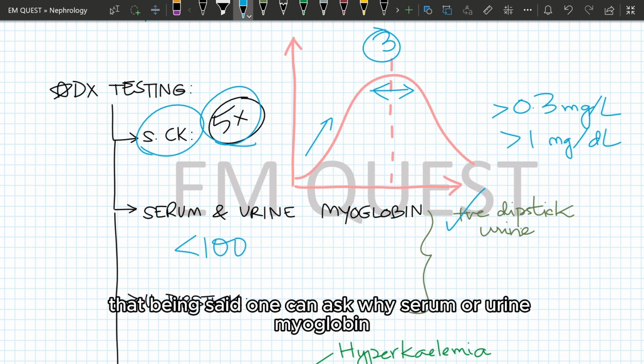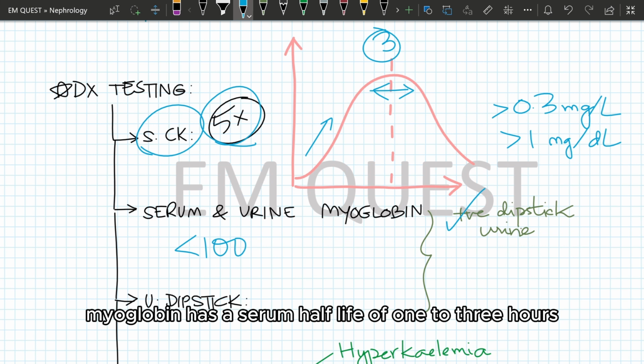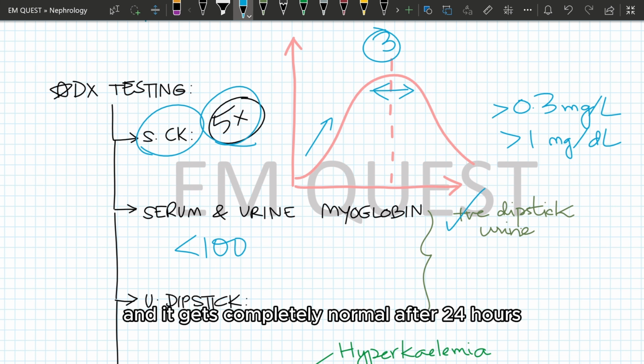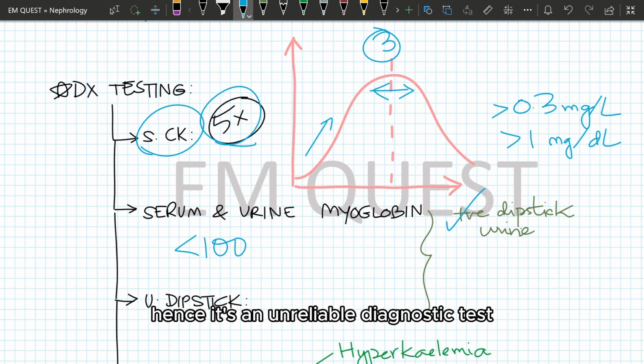That being said, one can ask why serum or urine myoglobin is not the definitive diagnostic modality. That is because myoglobin has a serum half-life of 1 to 3 hours and it gets completely normal after 24 hours. Hence, it's an unreliable diagnostic test.